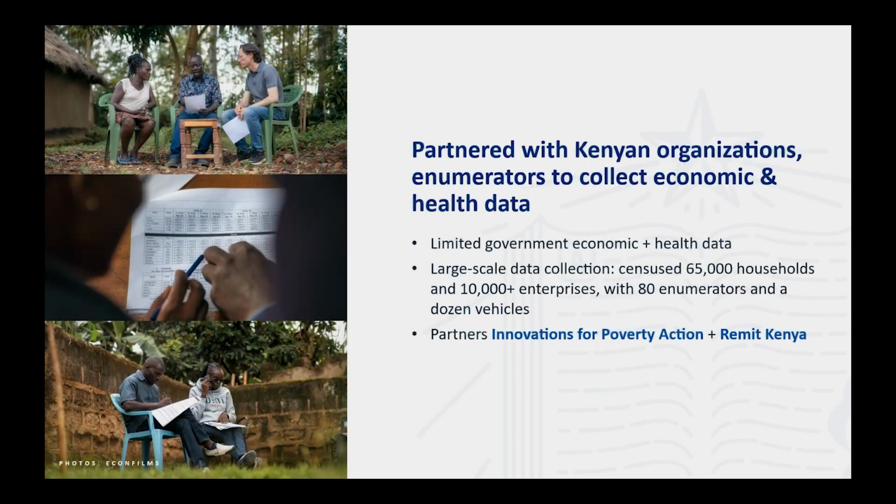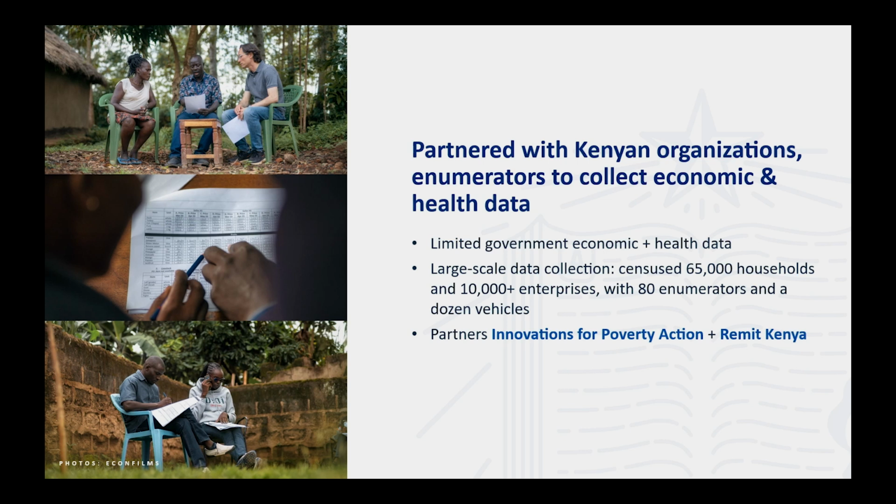I think for people that are new to development economics, it's maybe a little mysterious how our projects are organized. Because there is a lack of government data, we don't have comprehensive economic data in rural areas. We don't have a comprehensive vital statistics system in most of rural Kenya. We had to collect a lot of data ourselves. We raised funding from the National Science Foundation, from others for this research, and carried out large-scale data collection.